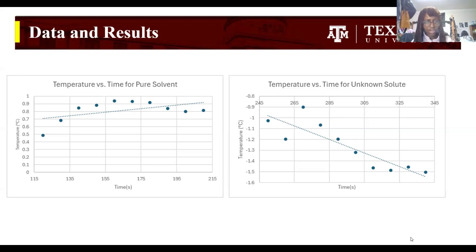It's increasing at first, and then in the middle it's kind of decreasing, and then towards the end it's reaching that point again. And then for our unknown solute, we see that it's a steady decline, and it's just constantly getting colder. And because of this, we can assume that it has a lower freezing point, sorry.